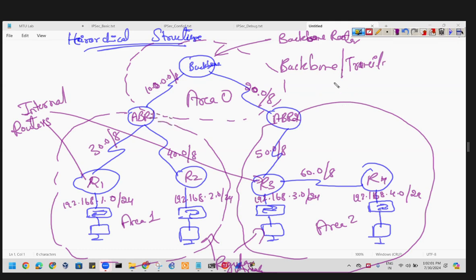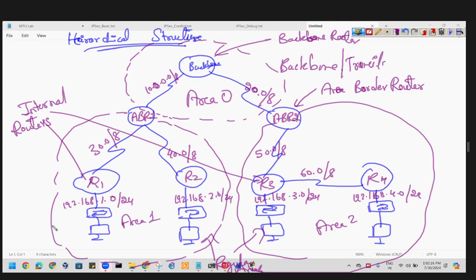What does ABR stand for? Area border router. As it is at the border of the area, it is called area border router or area boundary router, whatever you call it.